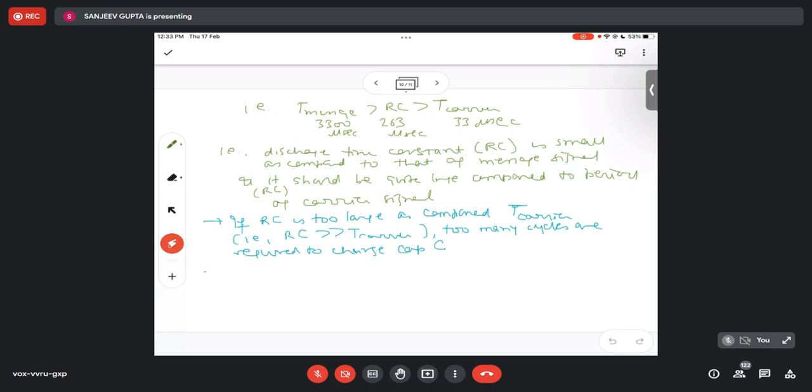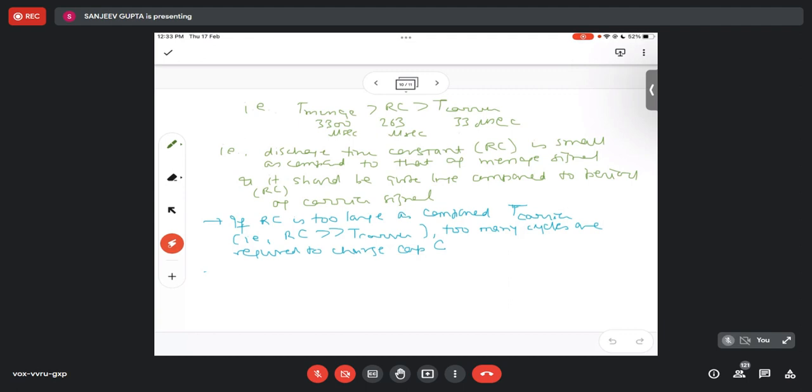And if RC is too small, then my capacitor will not charge fully even in one cycle. So there should be a compromise between the two, and this condition must be satisfied.